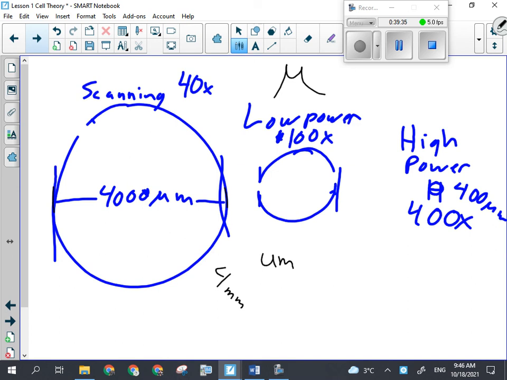All right, on our low power, our next lens up, the one with the yellow band on it, it magnifies 100 times, and this diameter is 1600 micrometers. So I don't see as much area, but I've magnified what's there more.